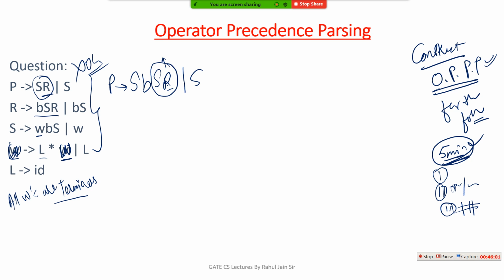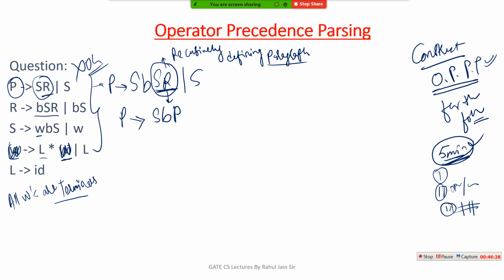So this is called a recursively defining production. In that case, I need to replace this SR with P. So I will write this as S B P, replacing SR with P and S here.